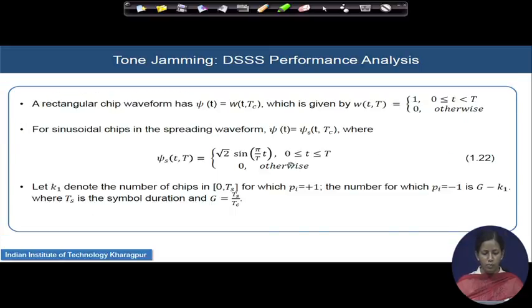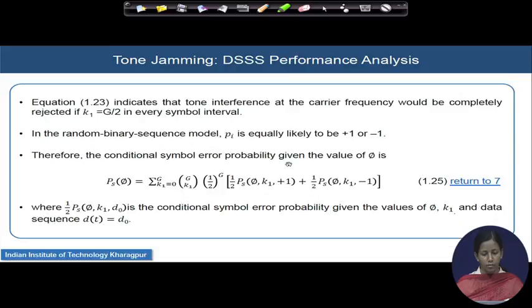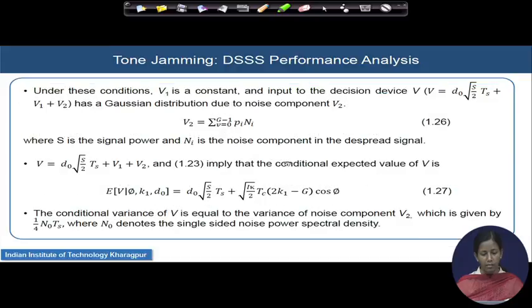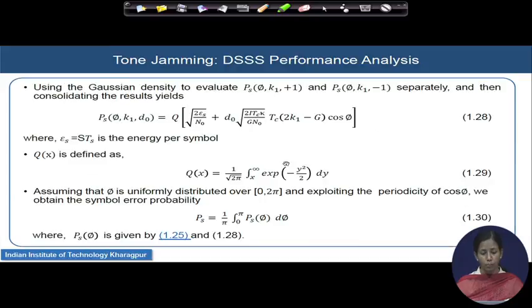For the sake of this mathematical analysis, and this is quite often true also, the consideration is that phi is uniformly distributed over 0 to 2 pi. Definitely, it is a random variable, uniformly distributed over 0 to 2 pi.